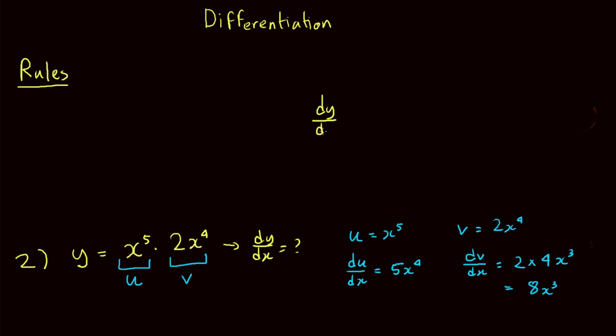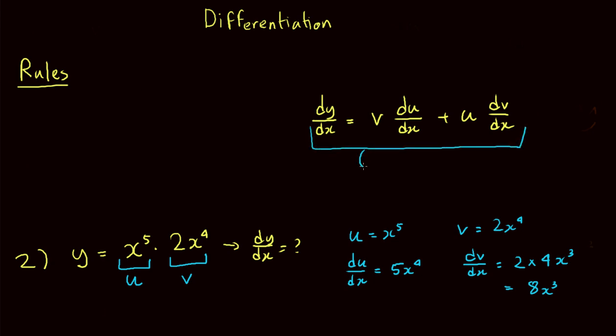So dy dx is equals to v du dx plus u dv dx. This rule, what I just wrote right here, is called the product rule.